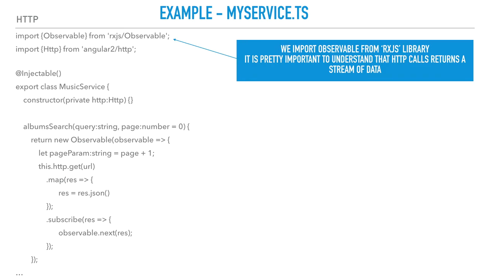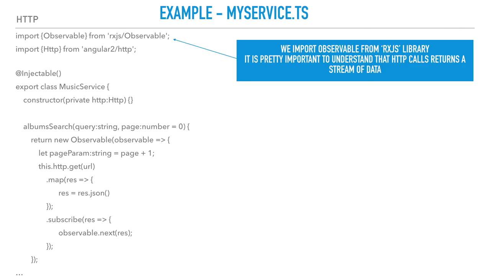Okay, so this is an example of how we should create a service that makes an HTTP call to a server. If we take a look here, we can see that we are importing the observable from the RxJS library.